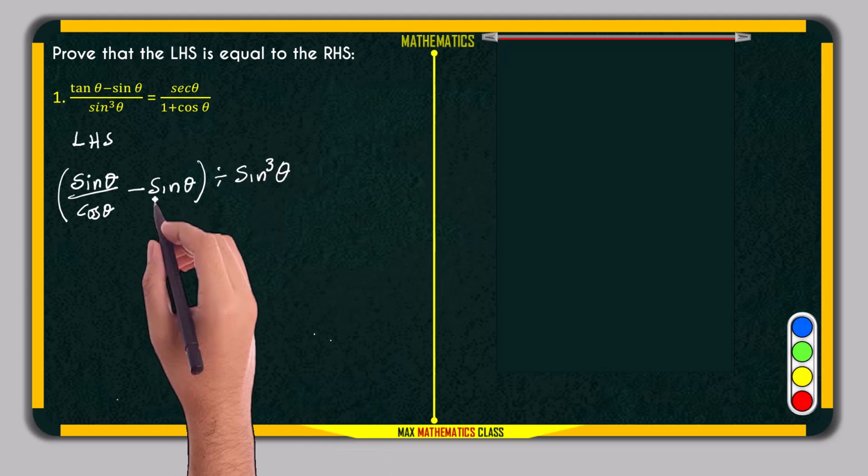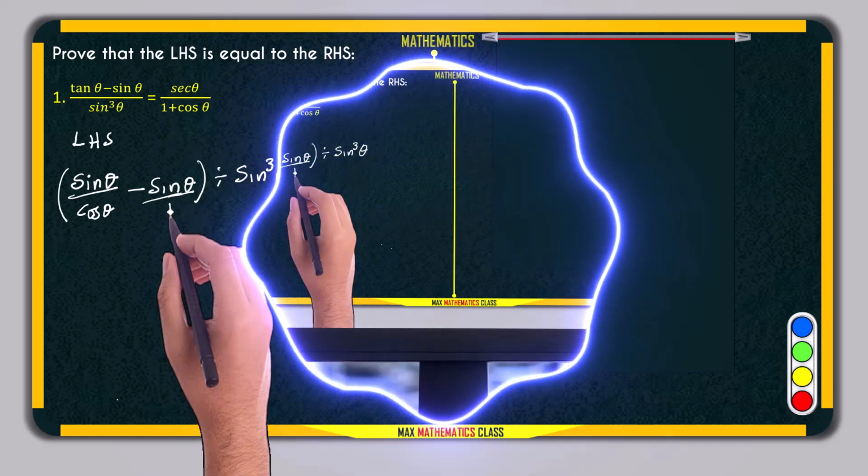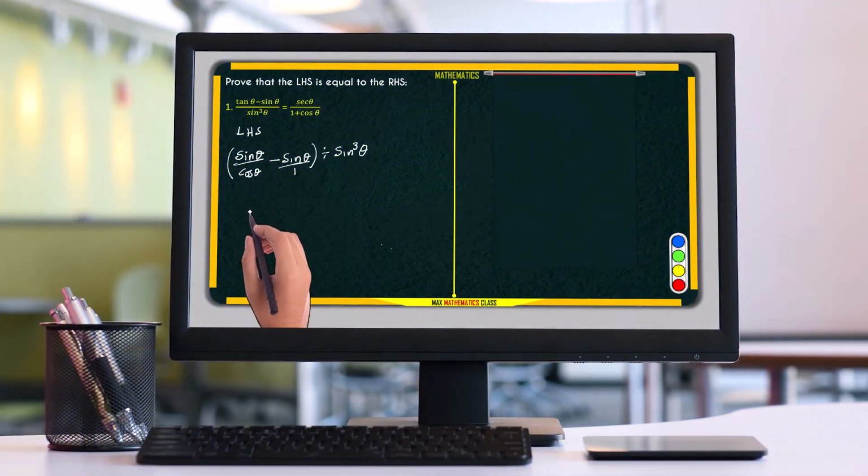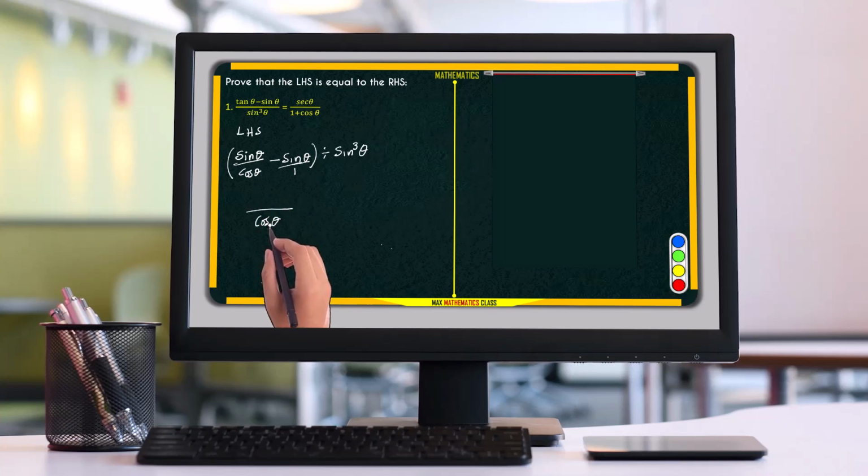So if you solve this fraction here by making this 1 over 1, the LCM here is cos theta. Now cos theta going into cos theta will give us 1, and 1 times sin theta will give us sin theta.